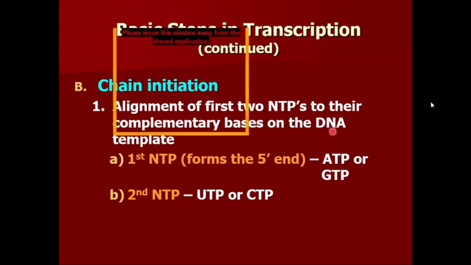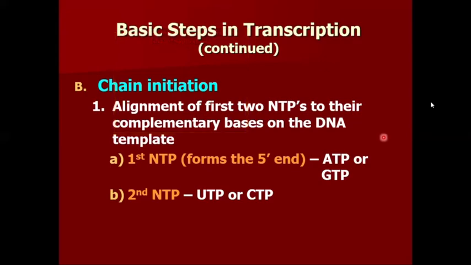Okay, what will be the ribonucleotide that will form the 5' end of the RNA transcript? Again, you follow the base pairing rule. Thymine is paired with adenine.